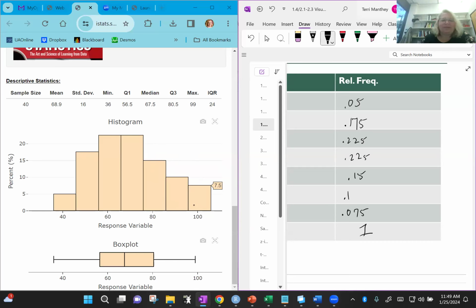So even though it doesn't easily give you a little table like it does in the previous one, you can still get the answers using this.